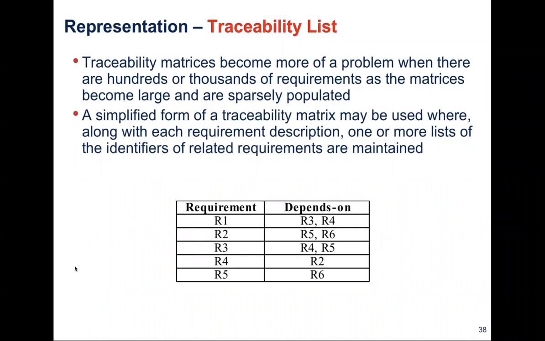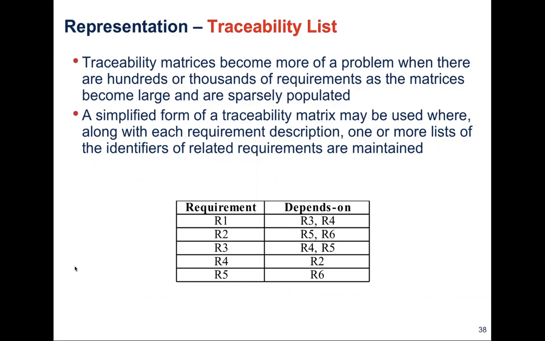Sparse means there are a lot of missing values in the matrix, because I might have requirement 1 related to requirement 100, while the 99 requirements have only 5 relationships, or 5 entries in the matrix. So the entire matrix has 100 requirements, but there are not many entries in it. Traceability matrices become more of a problem, especially if there are hundreds or thousands of requirements, as the matrix becomes large and very sparsely populated.